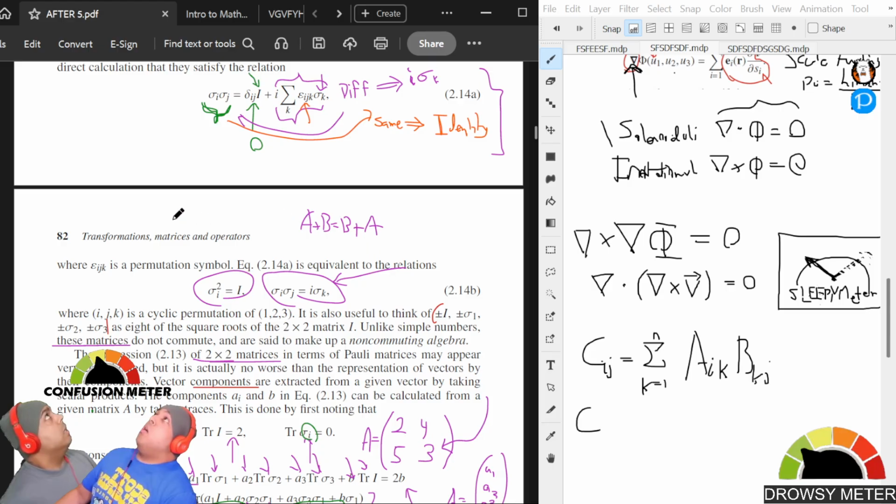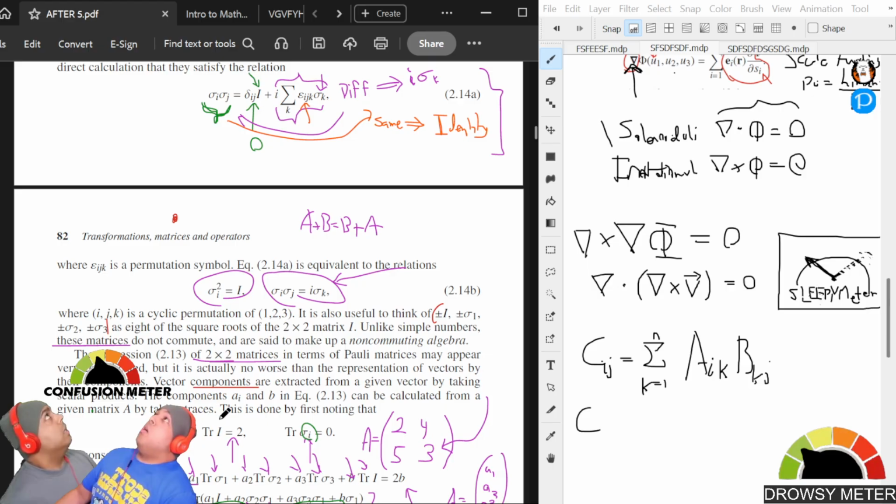Scalar product is another word for dot product, right? I think so. You can get the components of a vector by taking the dot product. The components A1 and B can be calculated from a given matrix A by taking traces.